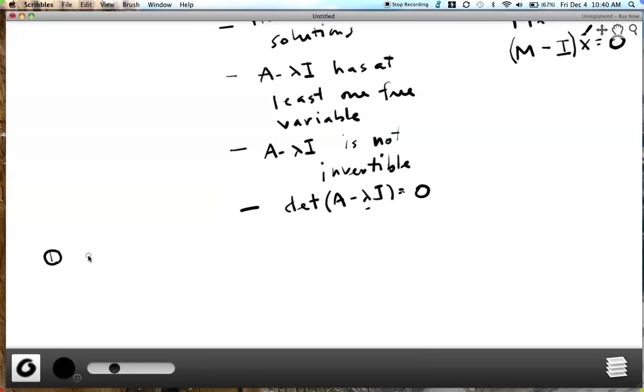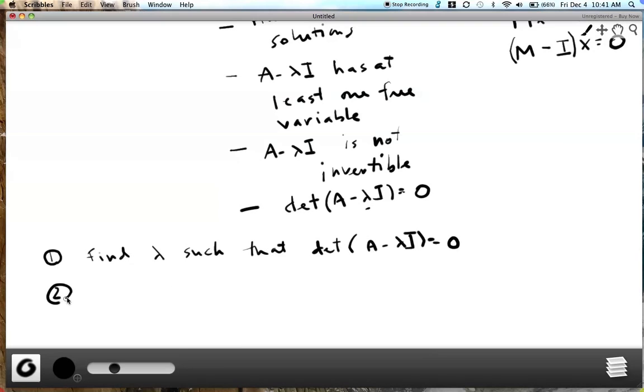Step 1 is going to be find lambda such that the determinant of A minus lambda times I is equal to 0.